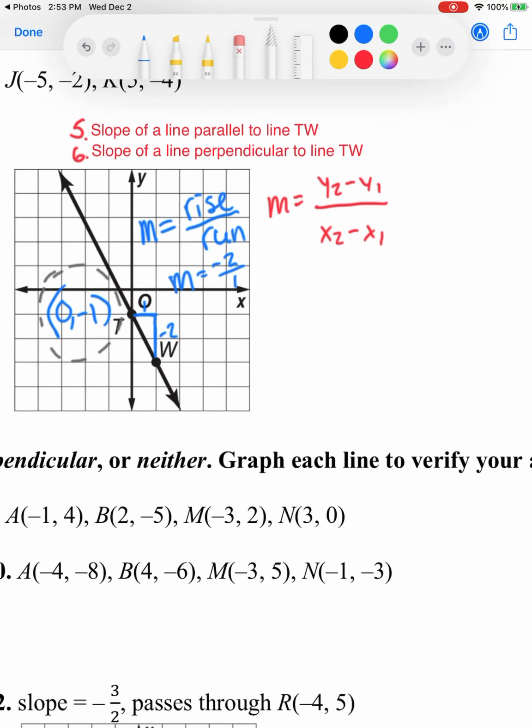Let's see if I can change the color of this in one fell swoop. Oh, I totally can. That's awesome. All right, so let's change the color of that. Okay, maybe I cannot.